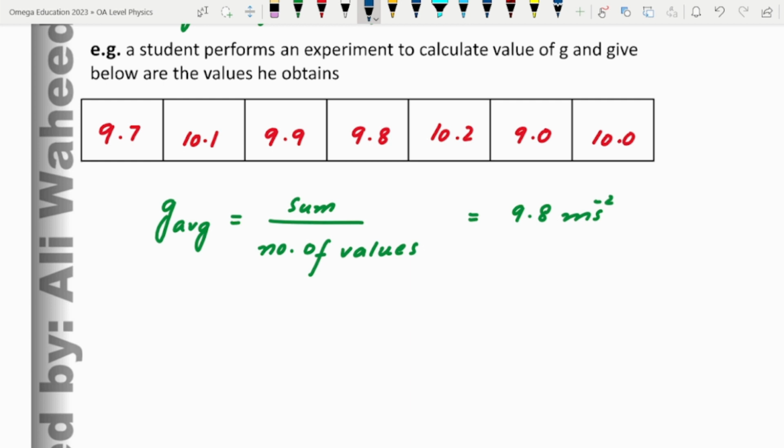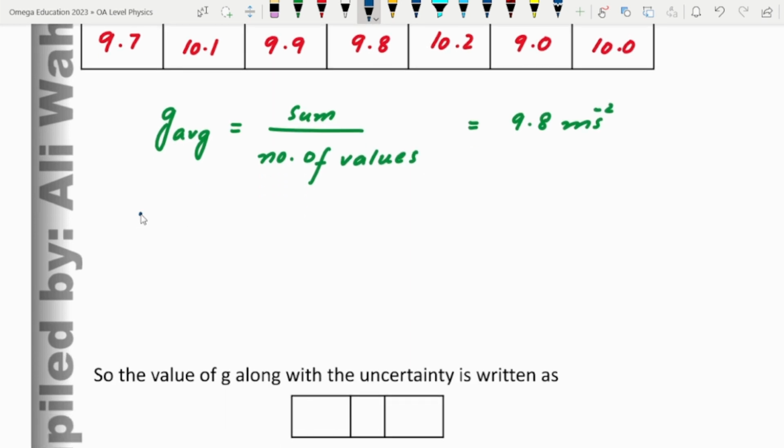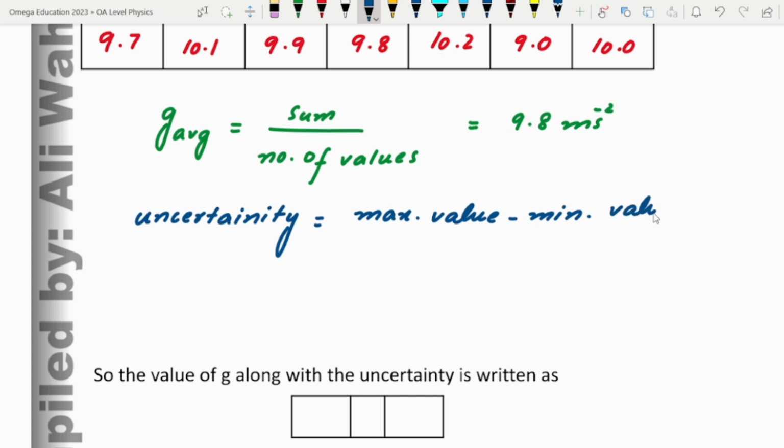Well, in this case, you can calculate the uncertainty equals range divided by 2. Basically half of the range. And what is range? Range is maximum value minus minimum, and then you divide it by 2.